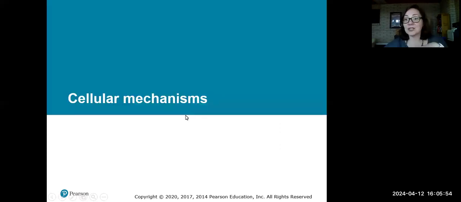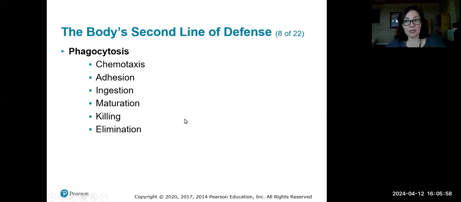All right, continuing on, some cellular mechanisms. What do these cells do? I mentioned phagocytosis. It's a little bit of a complex process. I mean, it literally means the eating of cells, but there are multiple steps to it. There's chemotaxis, which is super cool. These white blood cells can actually change shape and move toward chemical signals. So they like sniff out the bacteria.